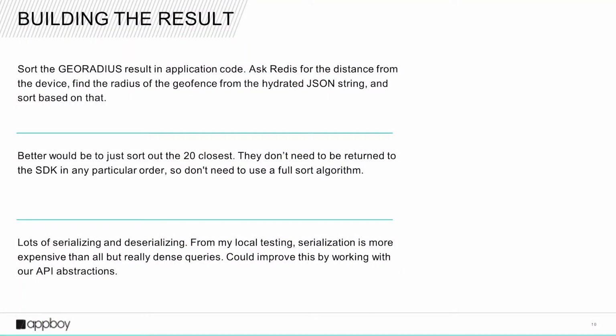This is something I haven't implemented yet, at least not in Ruby. Currently it does sort the whole result set, but you don't actually have to sort the whole thing. You could just pick out the 20 closest. I don't know if this is the optimal algorithm, but it's the one I thought of. You build a max heap, insert the first 20, and then insert and delete for the next 21 plus however many there are.